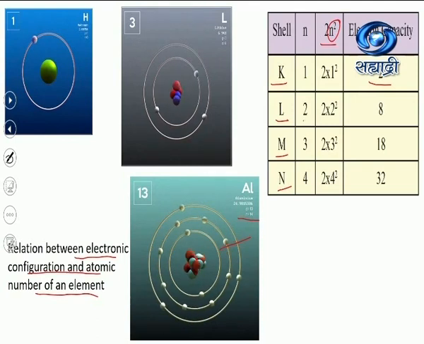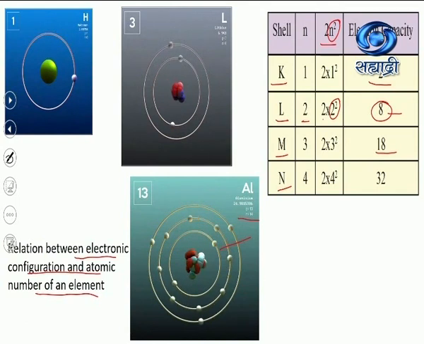The capacity of L, the second shell, is 2 into n squared, 2 squared, which is 8 electrons. In the second shell, only 8 electrons can be filled. The third shell holds 18 electrons, and the fourth, the N shell, can have 32 electrons.